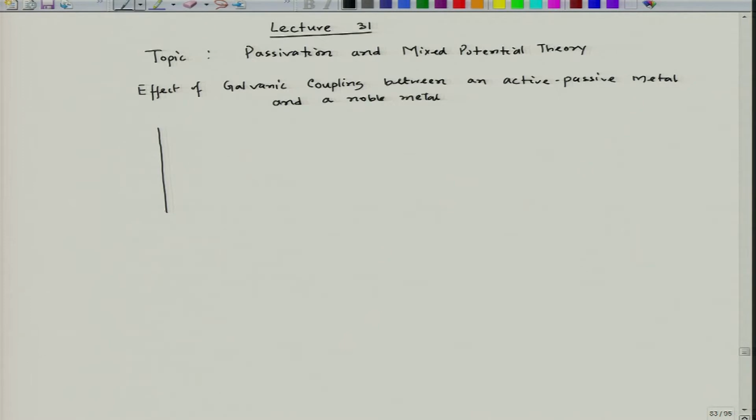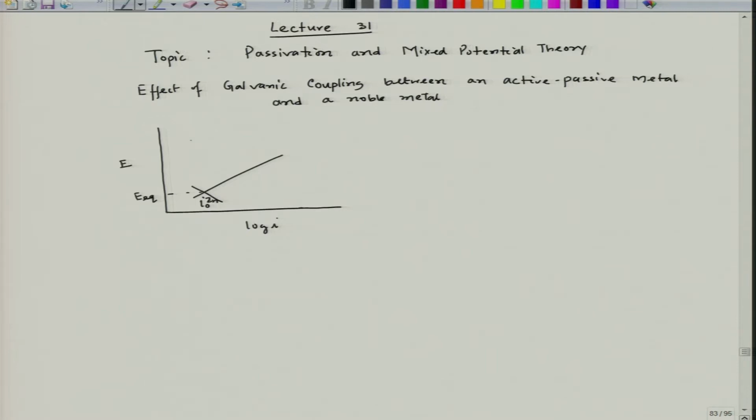And if you recall, we have seen the plot in case of, let us say, zinc connected to platinum. So, this is E, this is log I, and if this becomes my active zone of zinc, then this particular point is E equilibrium and I0 of zinc.